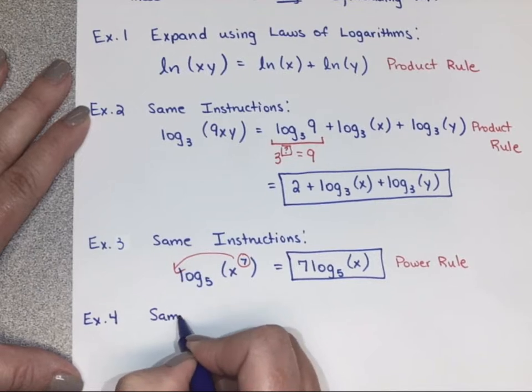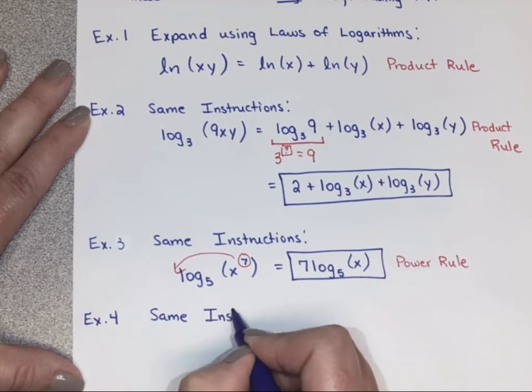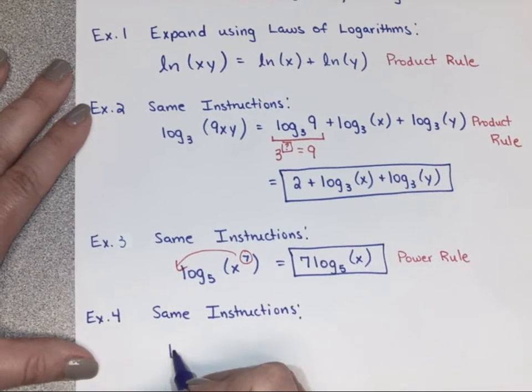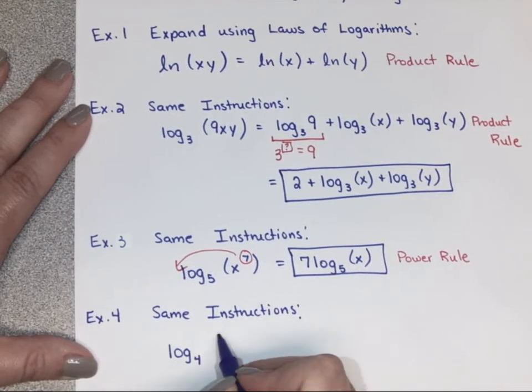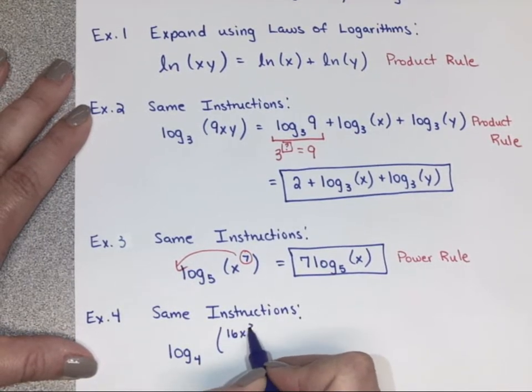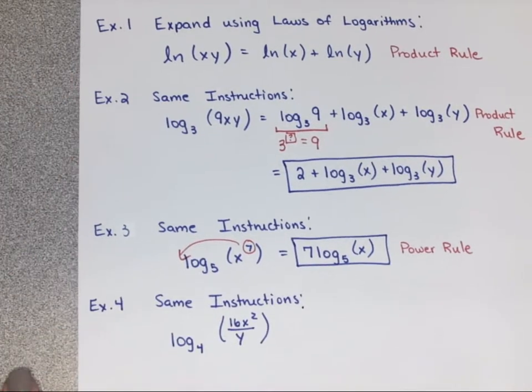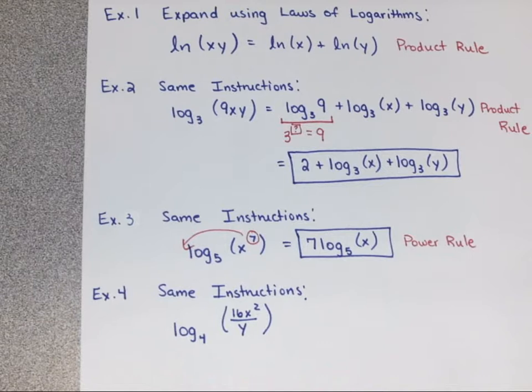All right, but let's do another one. So what about the log base 4 of 16x squared over y? So note I actually have 2 rules at play here, right?